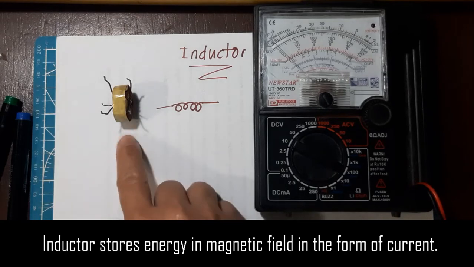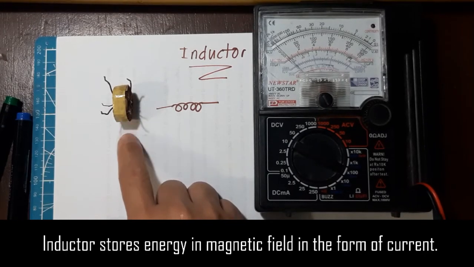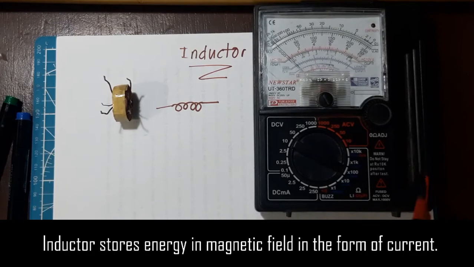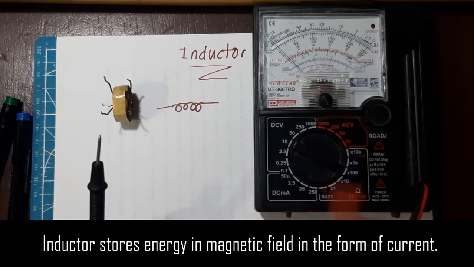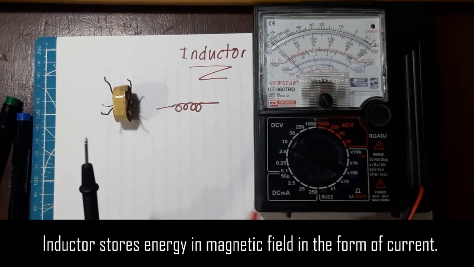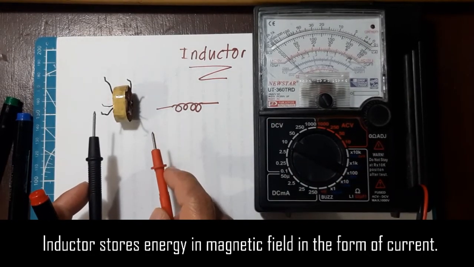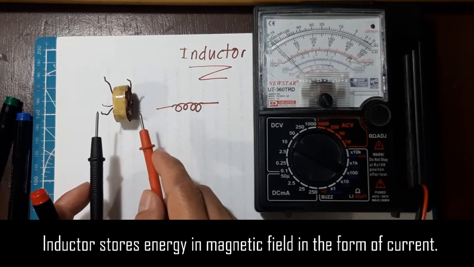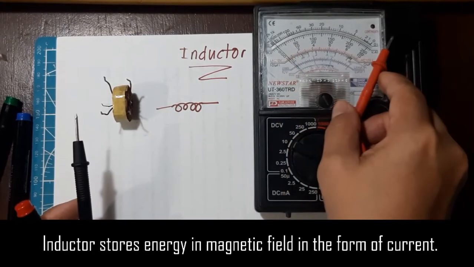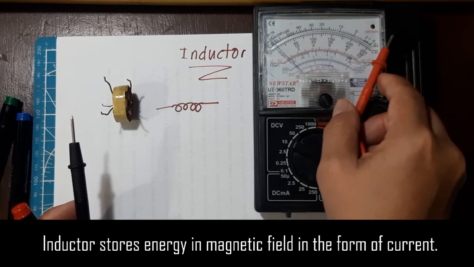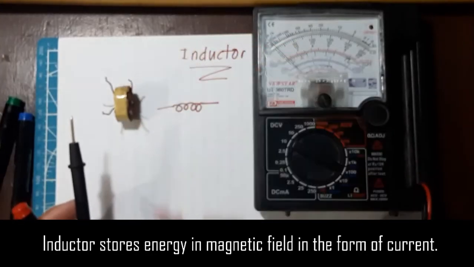Now, to test if our inductor is in good condition, again, we will use our ohmmeter or multimeter. If this wire is connected to the other wire, that should give us a low resistance reading. Same thing on the other side.